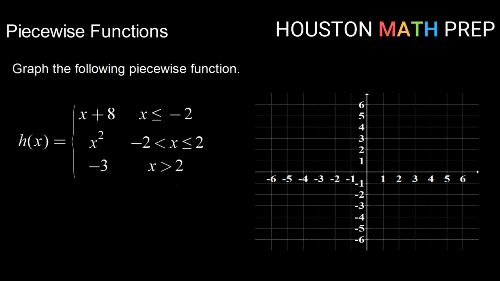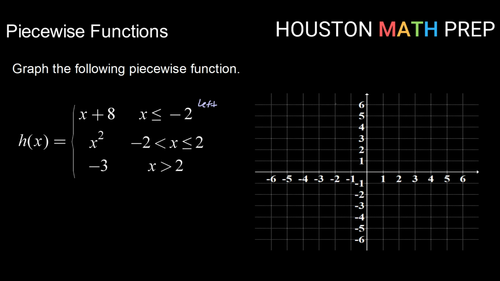Looking next at graphing this piecewise function, we are going to do this one piece at a time. So using the definition x plus 8 for my piece that is x less than or equal to -2, I'm going to start at -2 and graph to the left using the definition x plus 8. So at -2, we found that -2 plus 8 was 6.